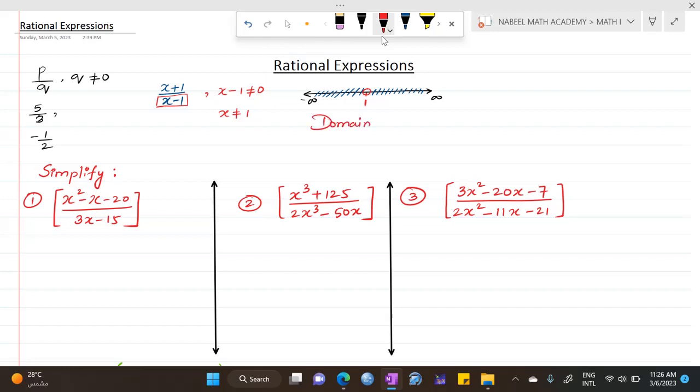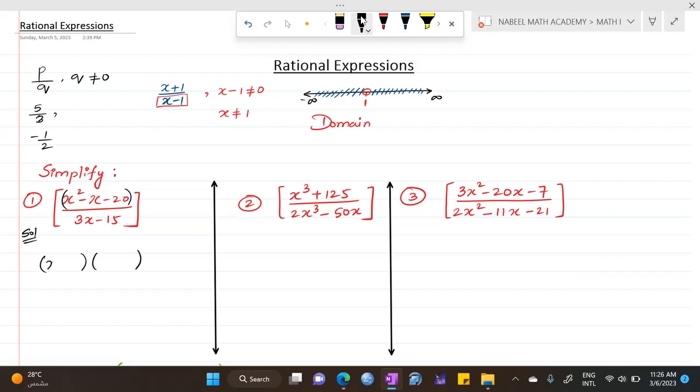Now here, we simplify the rational expression. You have to simplify this part by using factorization. In the numerator, I have to factor this expression. So what is the factoring here? The factoring in this term is with 20. So what are the terms you can go with for the factor?